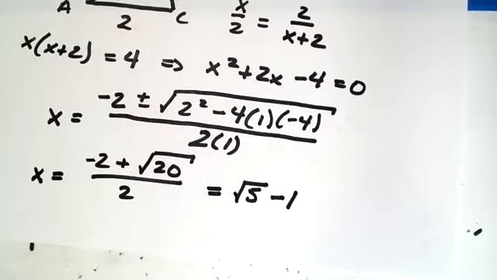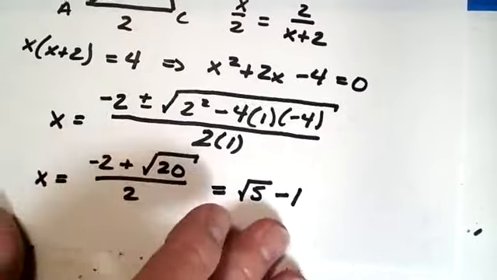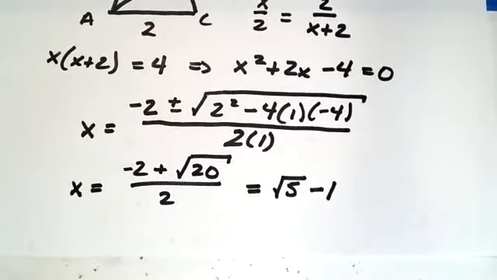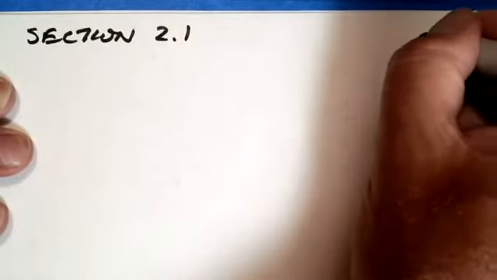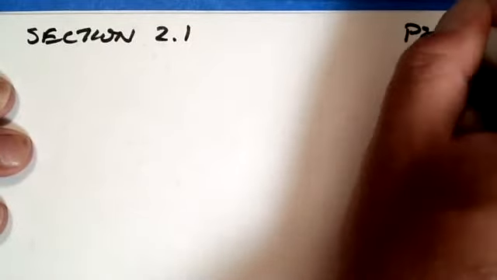Now we have the sides of the triangle, and I'm going to go back to the big triangle. So I'll just redraw it there. And I think now you're going to see why I wanted to use the number 2 as opposed to 1.